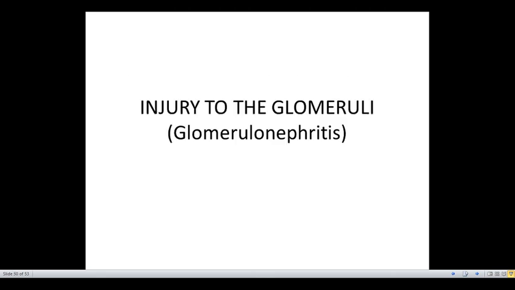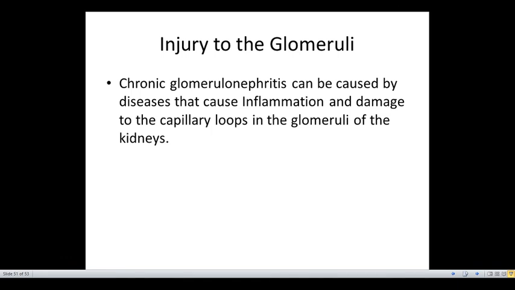The second important injury or lesion causing chronic kidney disease is injury to the glomeruli, known as glomerular nephritis. Chronic glomerulonephritis can be caused by diseases that cause inflammation and damage to the capillary loops in the glomeruli of the kidneys.